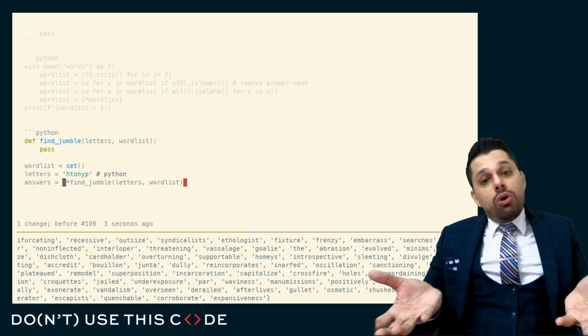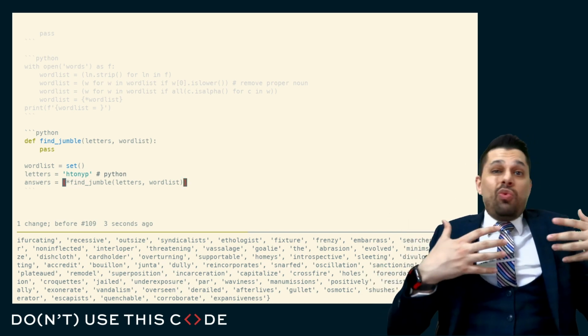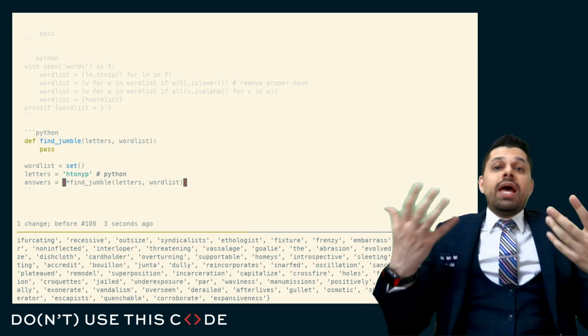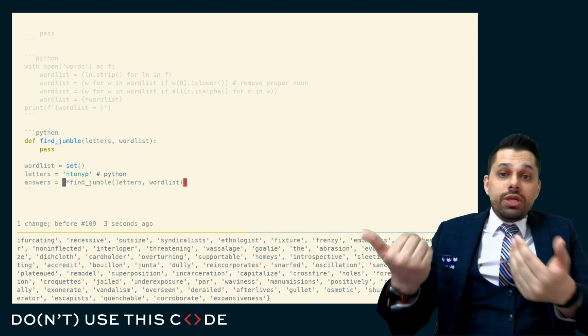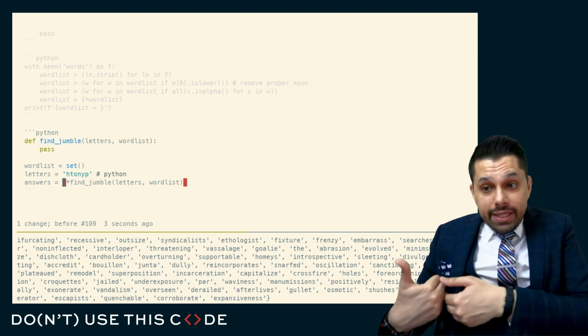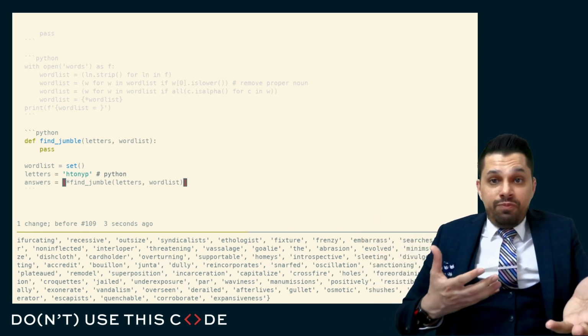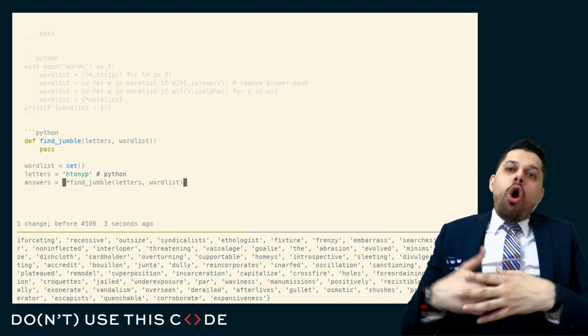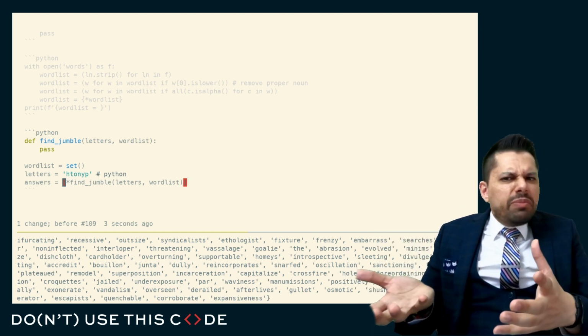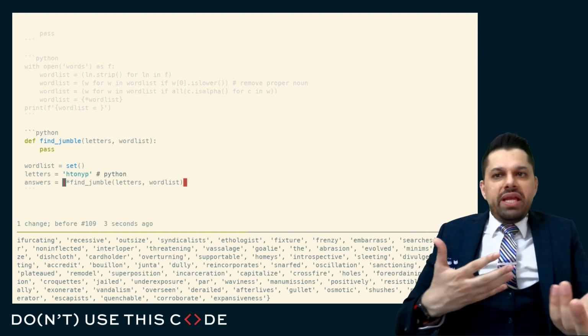Some people only want just one answer, whatever the first thing that comes up is, and other people want all of the possible answers. Maybe they want all the possible unique answers, and other people want, if this word list happens to have duplicates in it, all the duplicated answers. That maybe is a little bit less likely, but the one or many is pretty common.